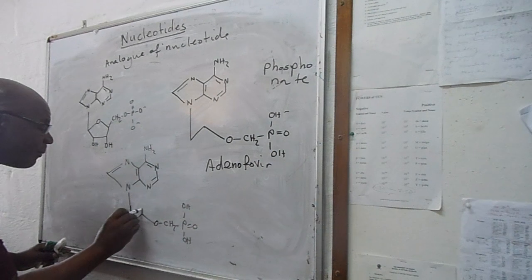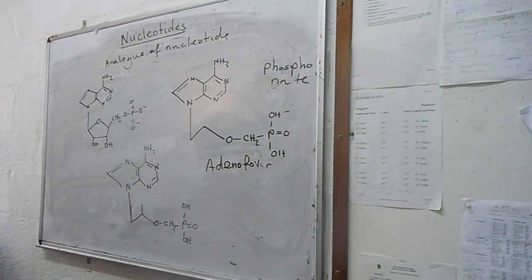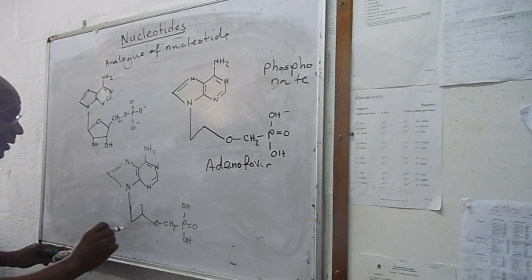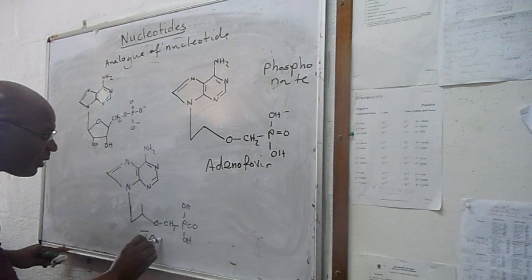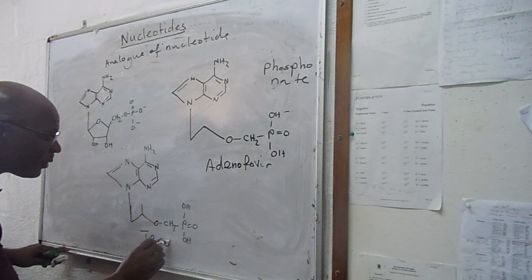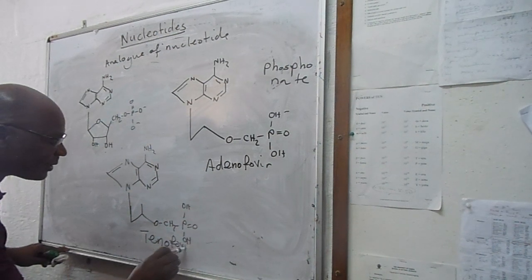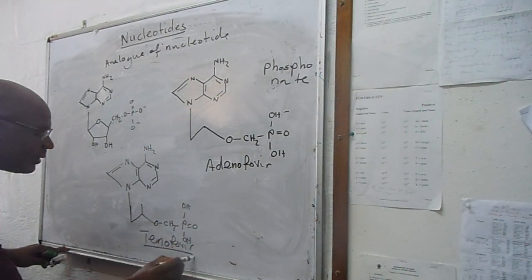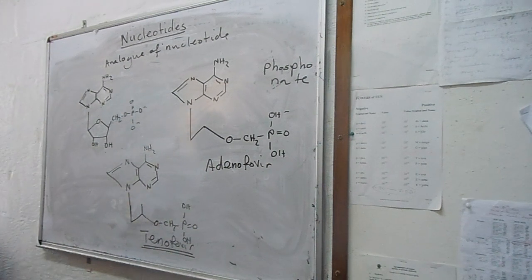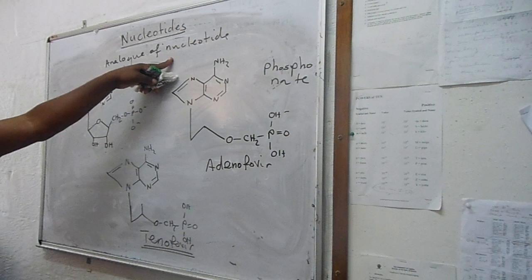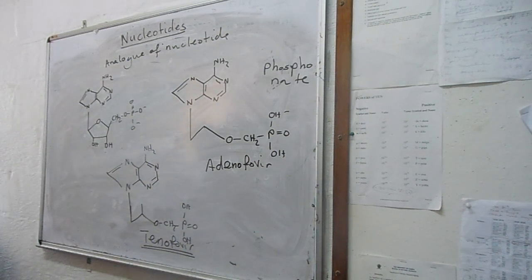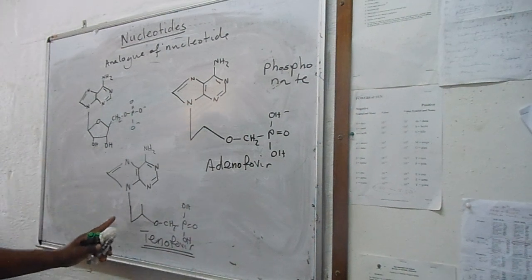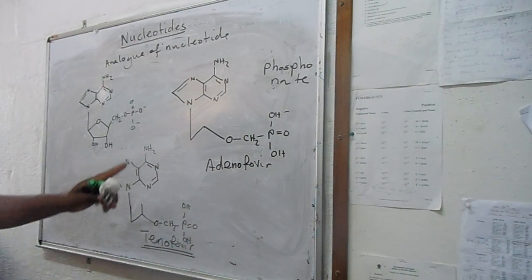Then here I introduce the methyl group. So this is known as tenofovir, a very important analog of a nucleotide which is used in the treatment of HIV. This is a nucleotide analog.